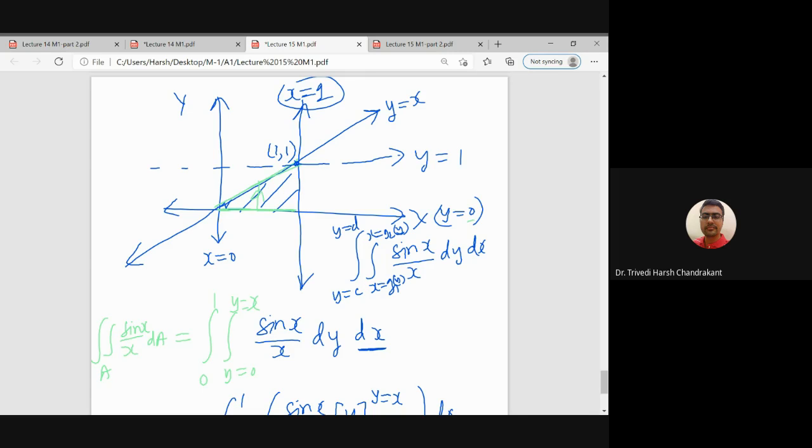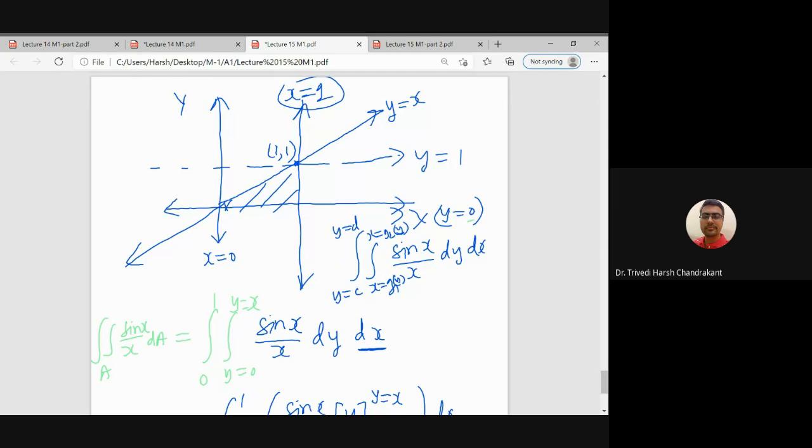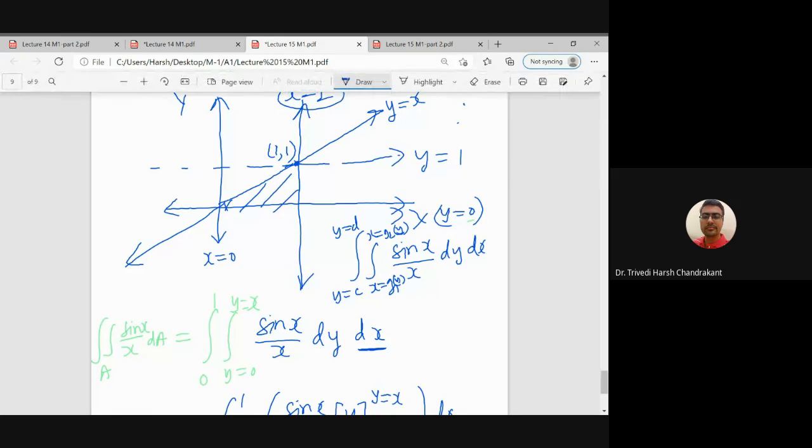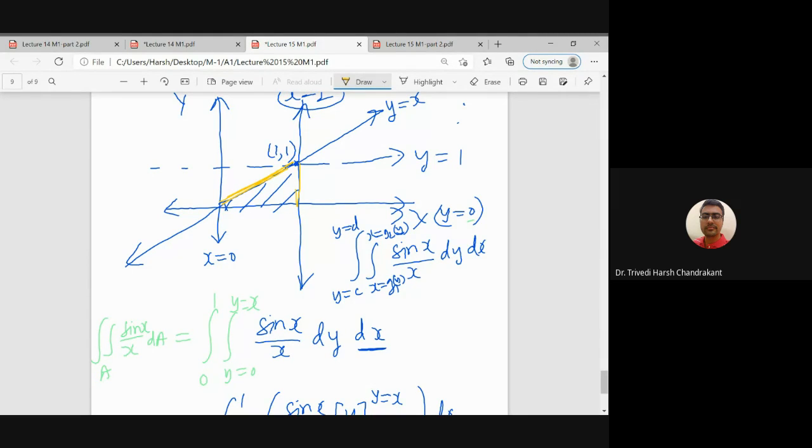And then now we need to find two curves which essentially bound the region. Let me use another color. x equals to y, exactly. So basically we are finding this curve and this curve. x equals to 1. Yes.